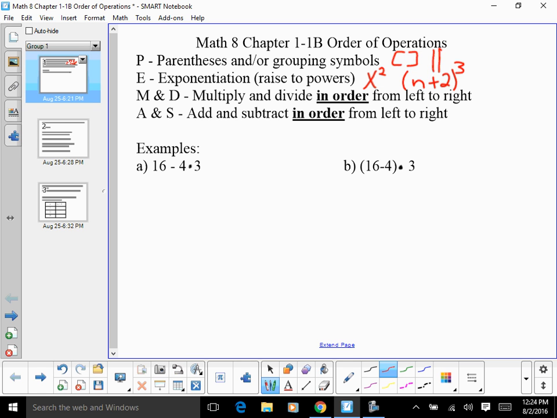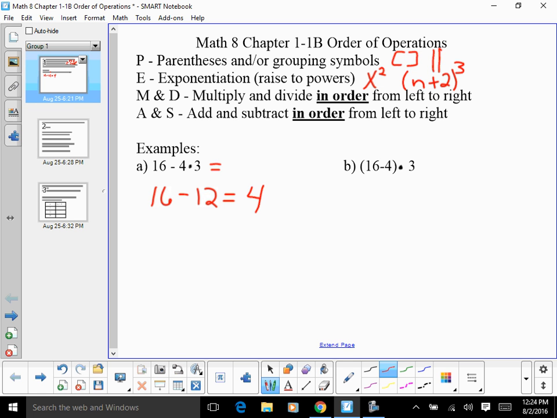Yes, I do. I put equal signs in. I copy what I already have, and then I've got this 4 times 3, which is 12. I have no more multiplication or division, so then I look for addition and subtraction. All I have left here is a subtraction problem, so I'm going to put down the answer of 4.